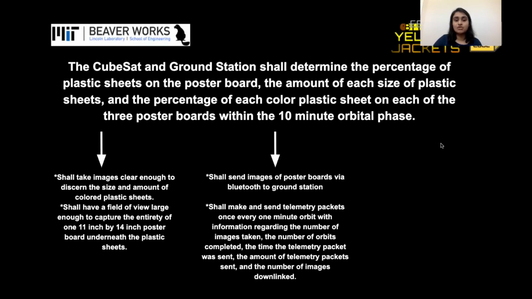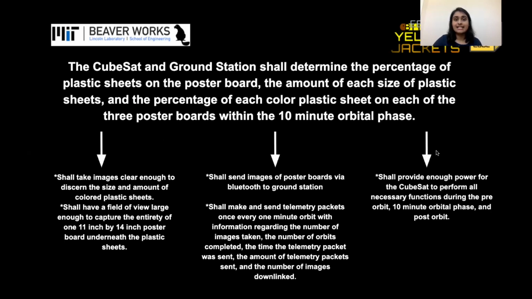That this system shall send images of poster boards via Bluetooth to the ground station, and that it shall make and send telemetry packets with necessary health information about the CubeSat at least one time every orbit. And lastly, the power subsystem, in which we said that the battery and solar panels shall provide enough power for the CubeSat to perform all necessary functions during pre-orbit, 10-minute orbital phase, and post-orbit.